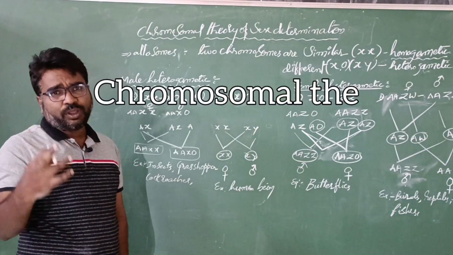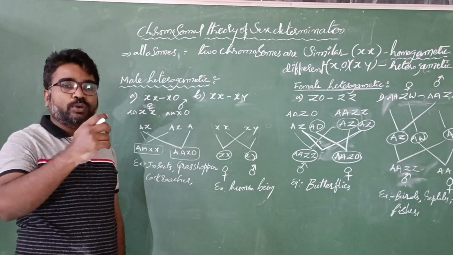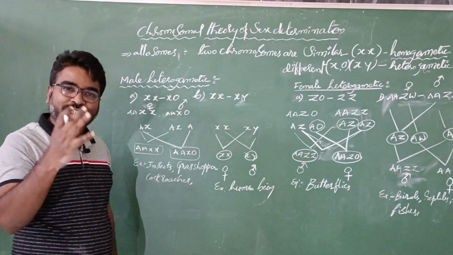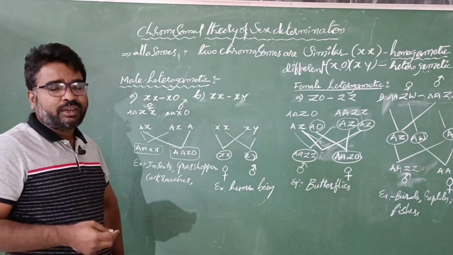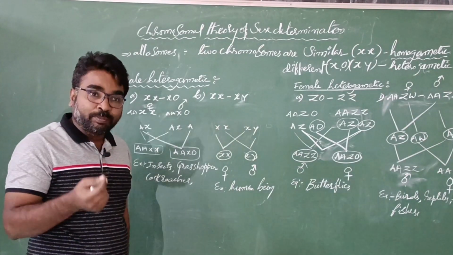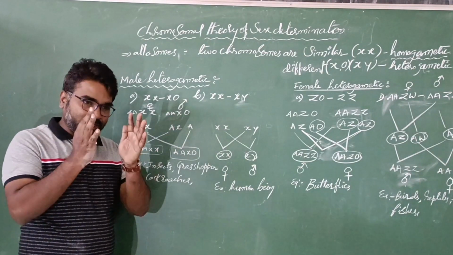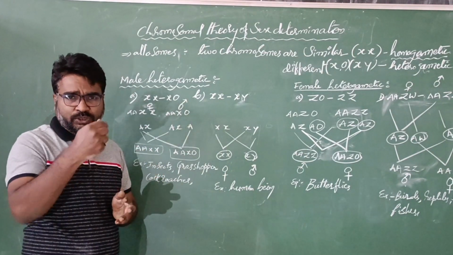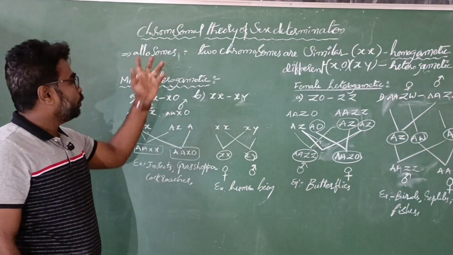First of all, we have to learn which chromosomes are involved in sex determination. Mainly, the chromosomes are of two types, depending upon which characters they are involved in. If they are involved in sex determination, we call them allosomes.